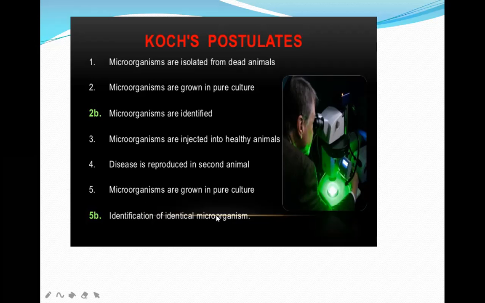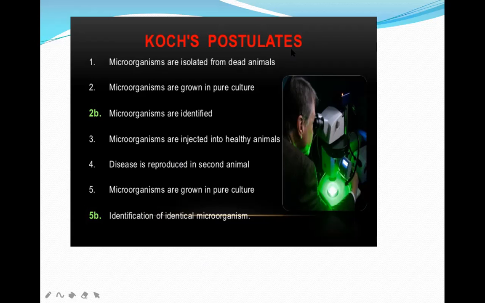If these microorganisms or pathogens are the same as in the dead animals, it confirms that this is the pathogen that causes the disease, or that a particular pathogen is responsible for causing the particular disease.